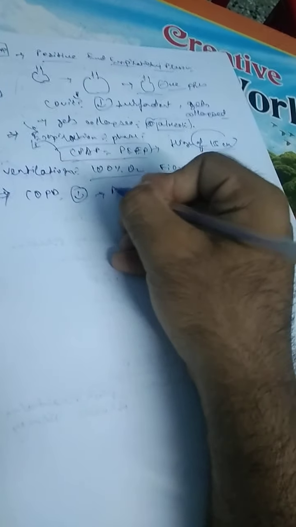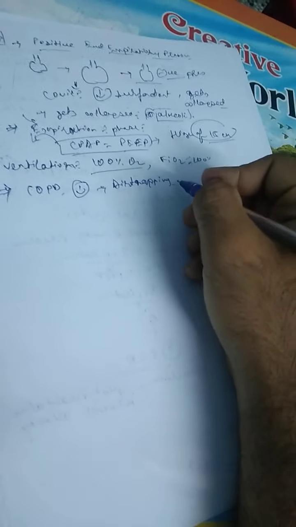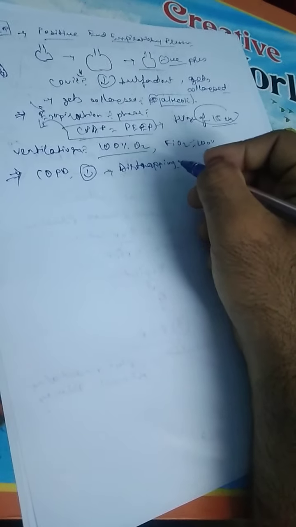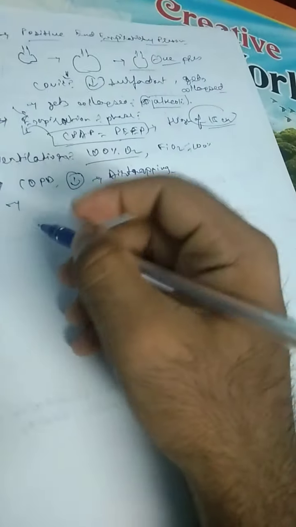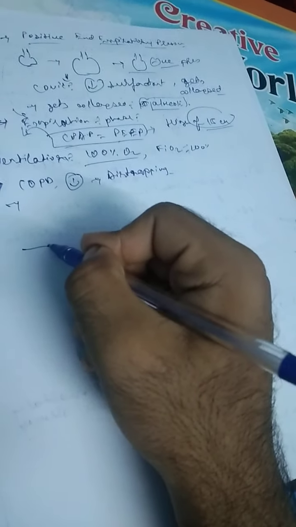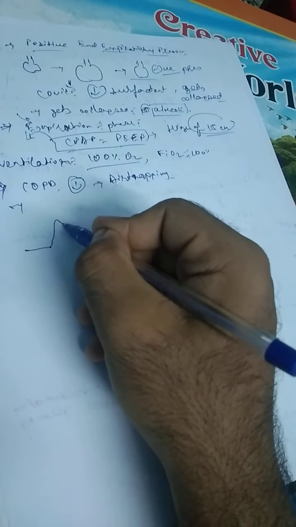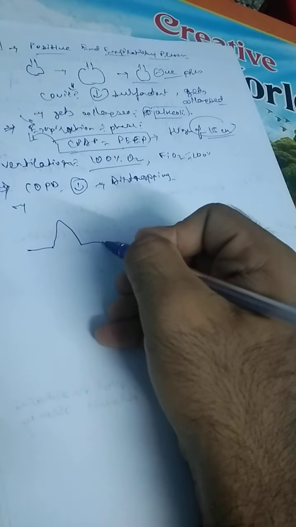So there is a sort of air trapping. A lot of CO2 gets trapped in COPD patients, and COPD patients have a poor prognosis for COVID. So what happens because of this air trapping? Look, now there it is, the inspiration, then expiration, inspiration, expiration.